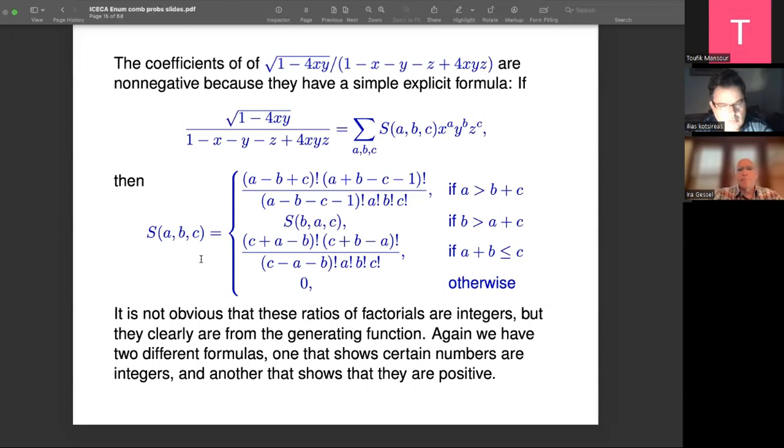So this brings up another question, and that is integer quotients of factorials. So we all know that the binomial coefficients, a plus b factorial over a factorial b factorial, are integers.